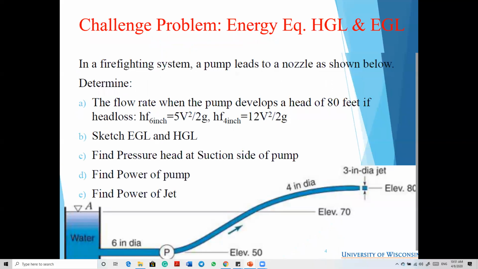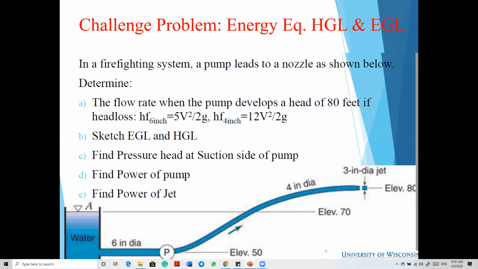So today is just solving an example for energy line and hydraulic grade line. You've done the lab memo for this experiment, so you're already familiar with what the energy line and hydraulic grade line are. Let's see what the problem is and what we need to find.